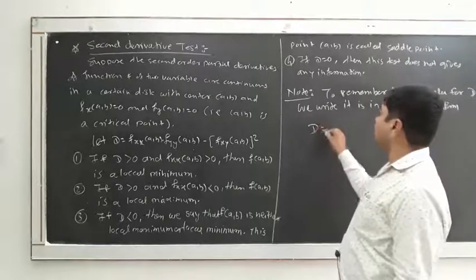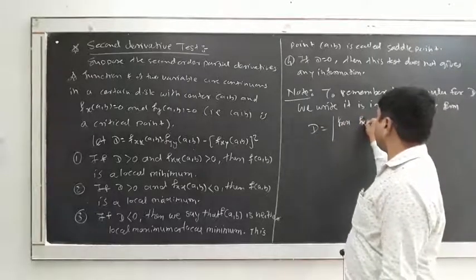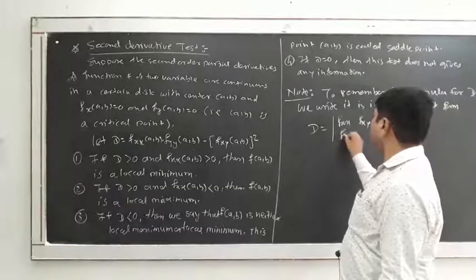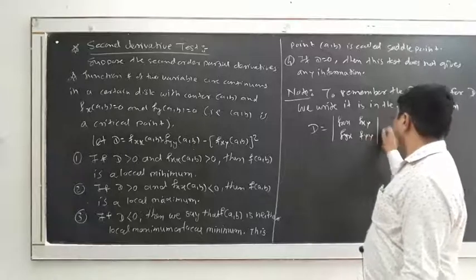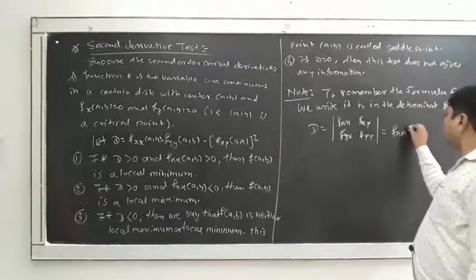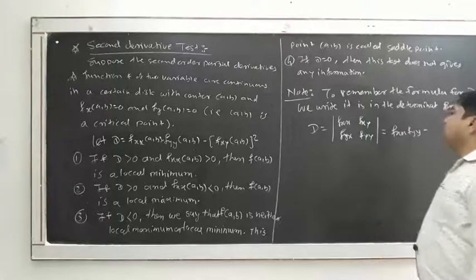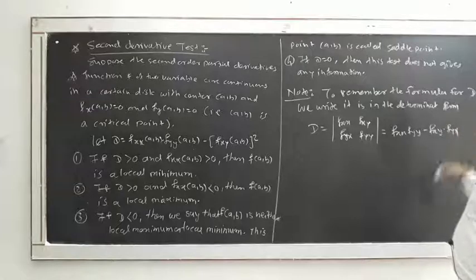D is equal to the determinant with rows fxx, fxy and fyx, fyy, and it is equal to fxx fyy minus fxy into fyx.